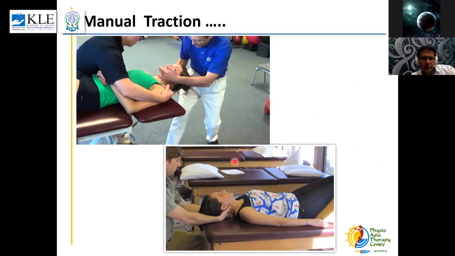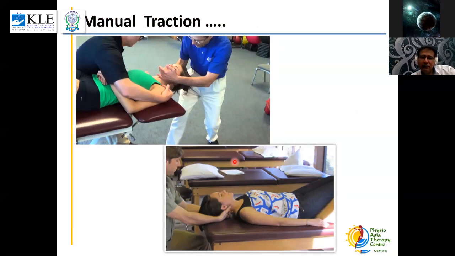And here, if we look at the techniques commonly practiced, many people are doing manual therapies, right? So if you look at these pictures, what are we doing here? We are basically providing a traction force.